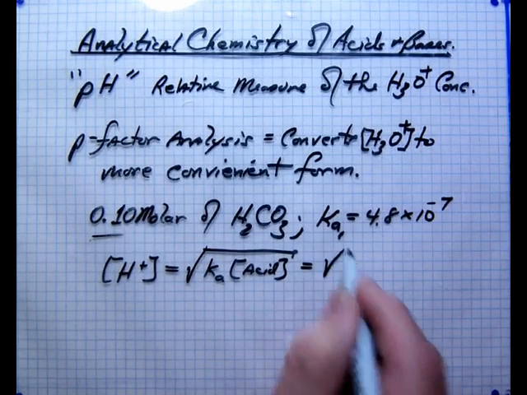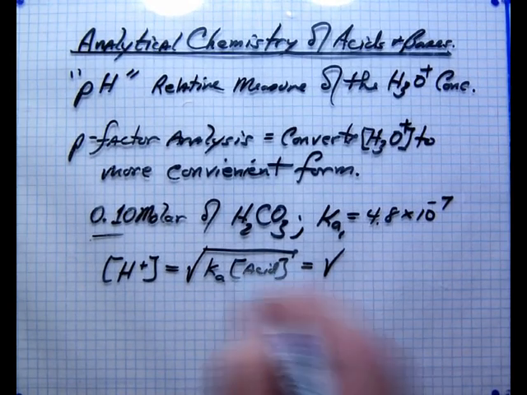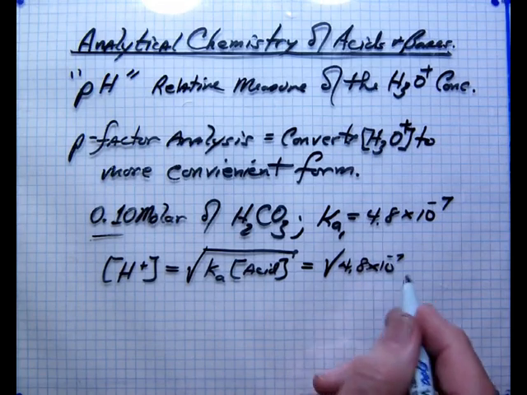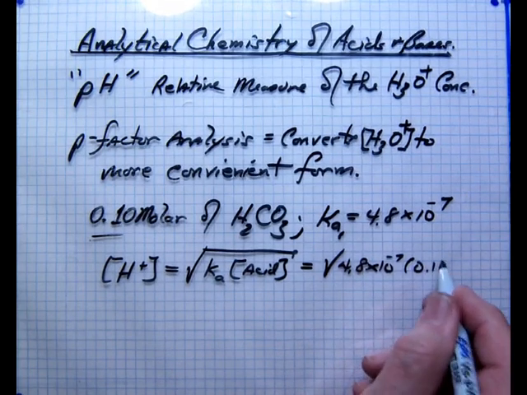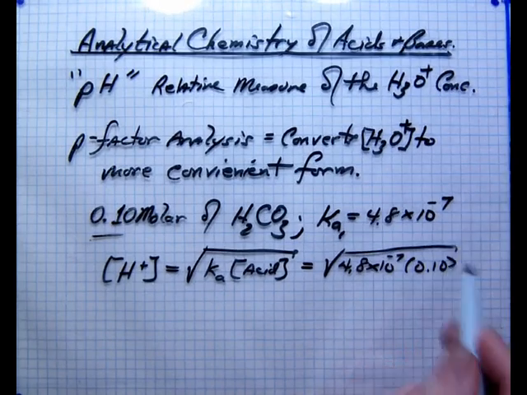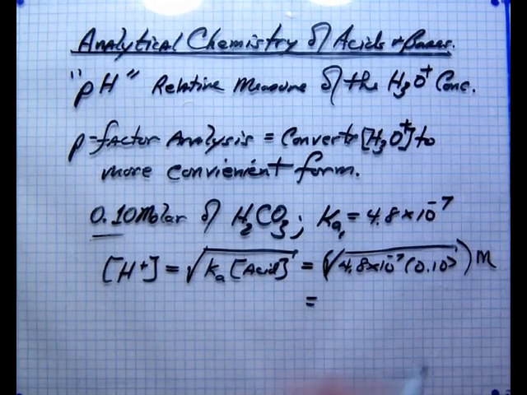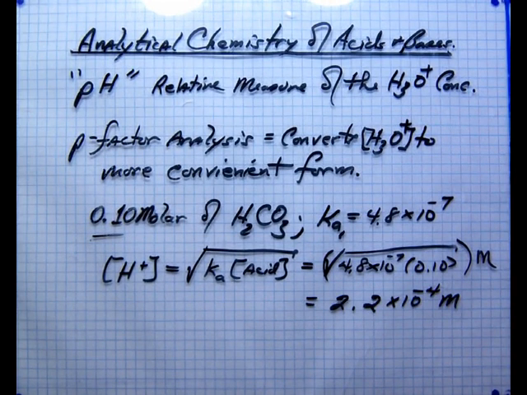So in this case, it would simply be 4.8 times 10 to the minus 7 times 0.10, and that would be in moles per liter, giving 2.2 times 10 to the minus 4 mole per liter in hydronium ion.